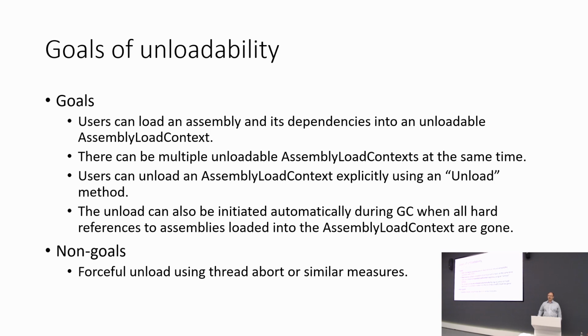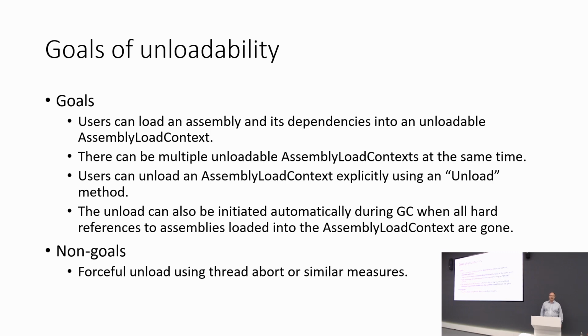That, by the way, has to be created with some special flag to be considered unloadable. And it can also happen automatically when all references to the assembly load context and the assemblies loaded into that context are gone, and the GC can collect everything.